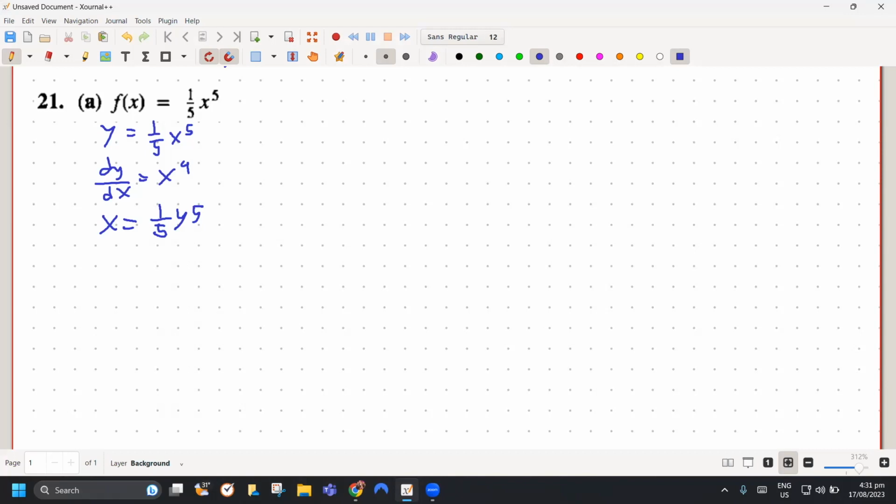Pwede nga, no? Maglagay ka ng equation number dun sa bawat equation dyan para ma-point out ko, kasi ang hirap mag-refer to equations pag walang label eh. So, lagyan mo ng equation number lahat ng equations mo.